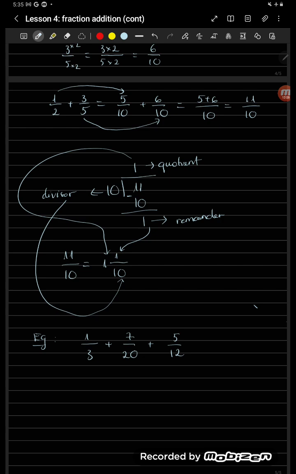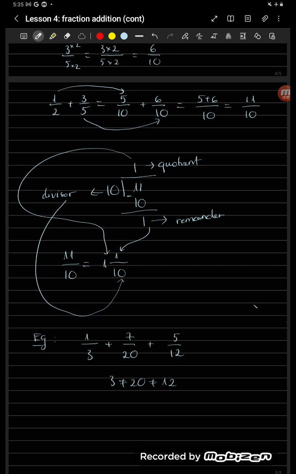Okay, so you can see those fractions have different denominators. So 3 is different from 20, different from 12. And they are not multiples of each other. So 12 is a multiple of 3, but 12 is not a multiple of 20.